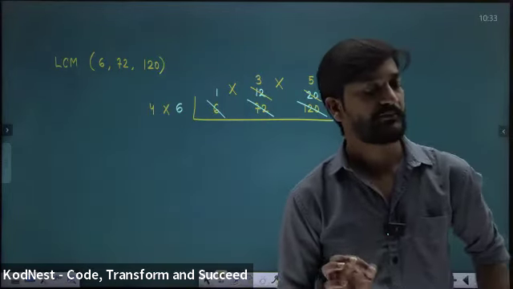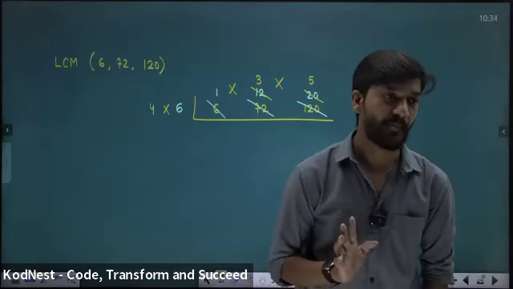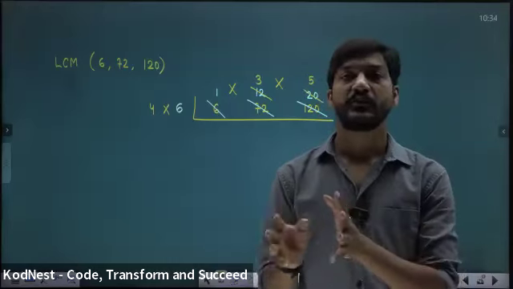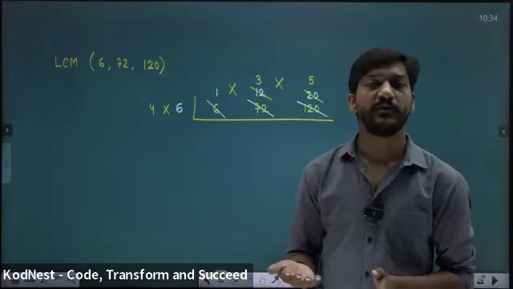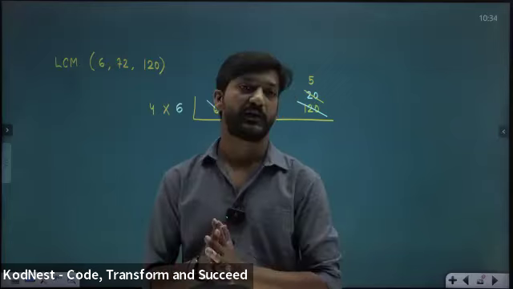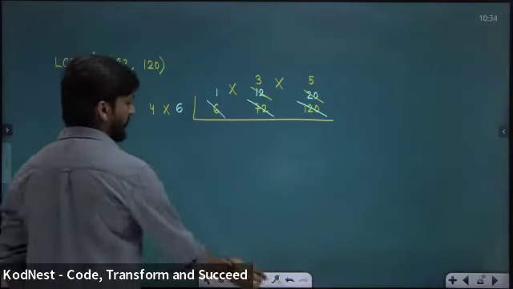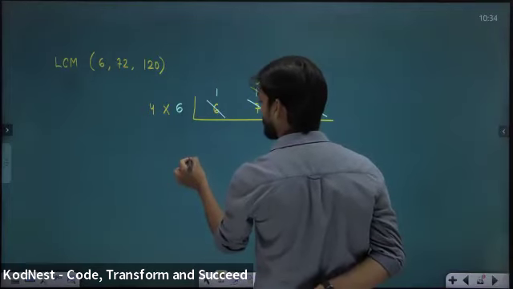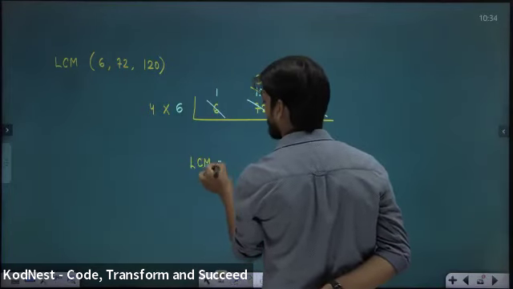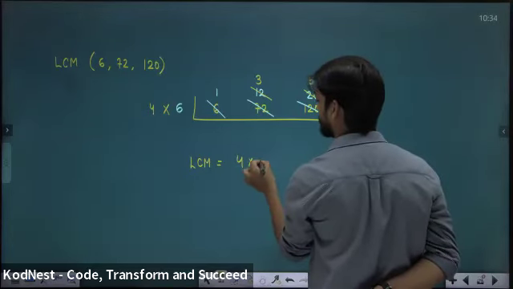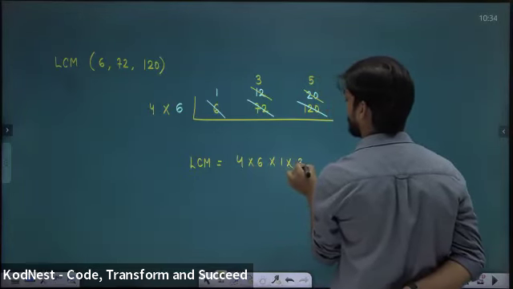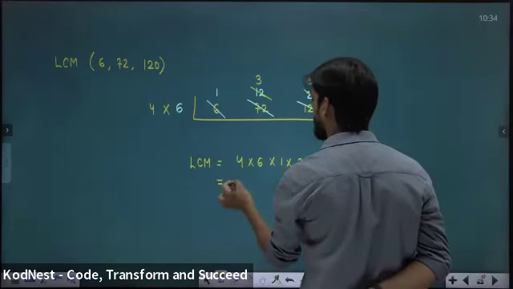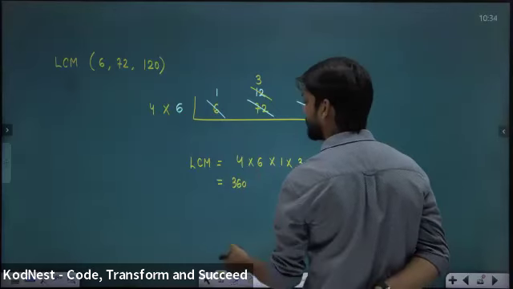Understood the concept? If common factor, take it outside, then multiply. If there is no common factor, just multiply. Simple concept. So 5, 3, 15, 360. So 360 is your LCM.